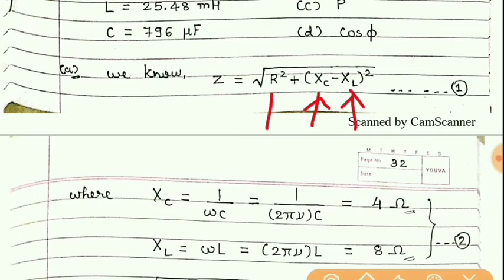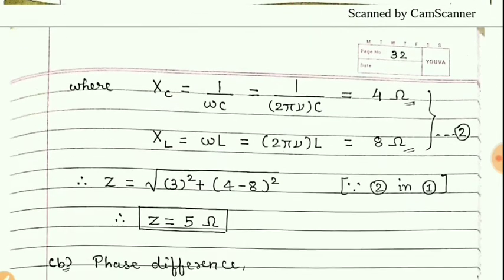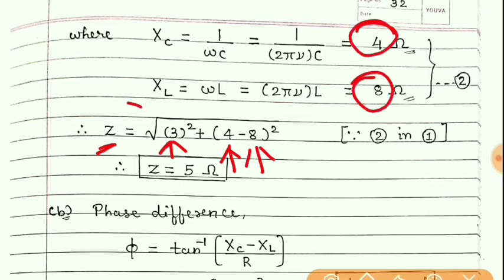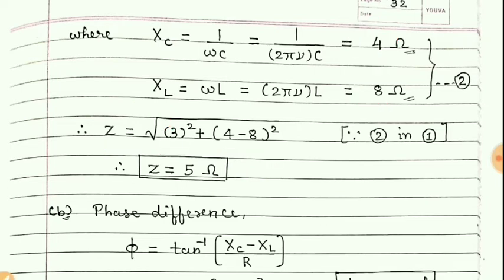The value of the resistor is already given to us. So when we put all these values, we will get the impedance. So impedance Z is equal to the square root of 3 squared plus (4 minus 8) squared, where 3 is the value of the resistor. Calculating this, you will get impedance Z is equal to 5 ohm.